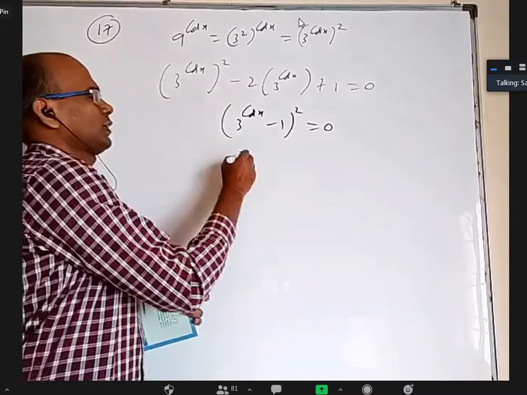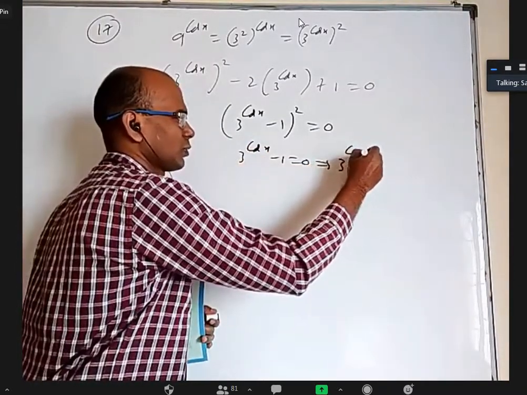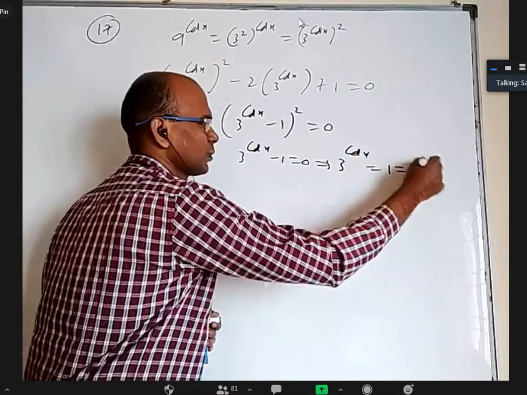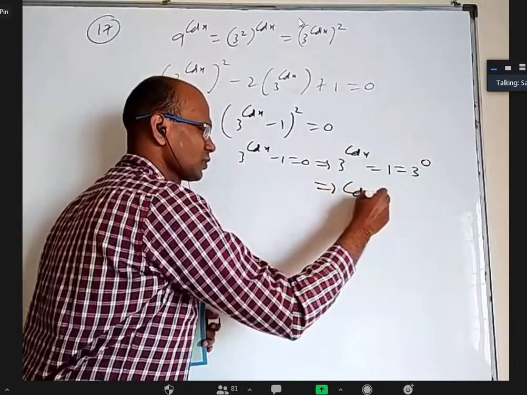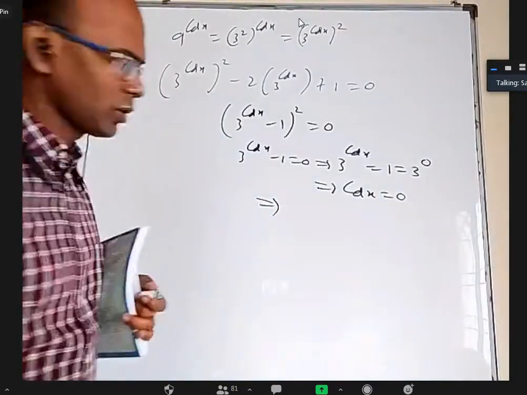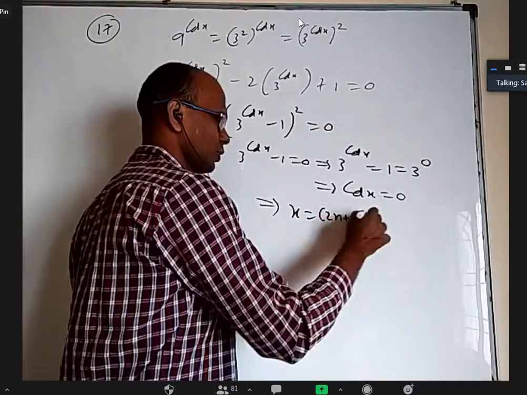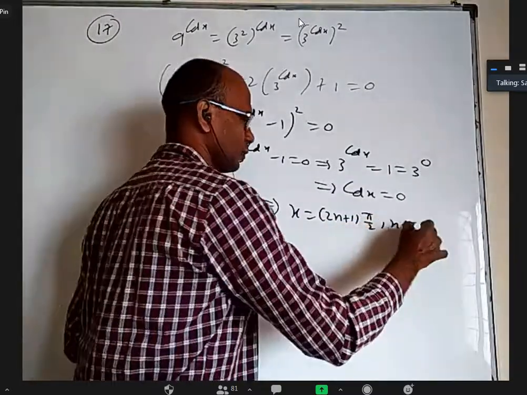So we will get 3 power cos x minus 1 equal to 0. 3 power cos x is 1, which is 3 power 0. Cos x equal to 0. So cos x equal to 0, general solution, the odd multiple of pi by 2. So 2n plus 1 into pi by 2, where n belongs to Z.